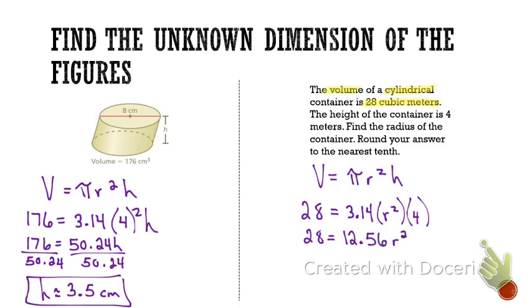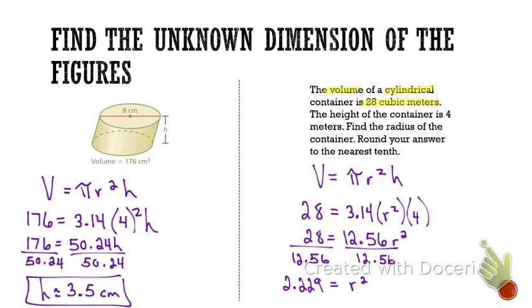Now what do you think you'll do to both sides? You'll divide by 12.56. Right, so we have 28 divided by 12.56, and we get about 2.229 equals r squared.